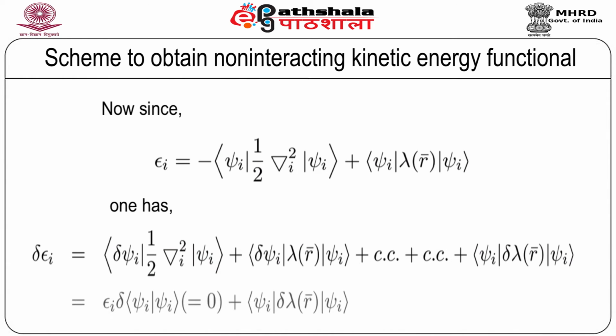And these can be written in the following way: epsilon I times delta of psi I times psi I, and this term is equal to 0 because we know psi I times psi I is equal to 1 by the normalization condition, so its variation should give rise to 0, plus psi I times delta lambda times psi I.